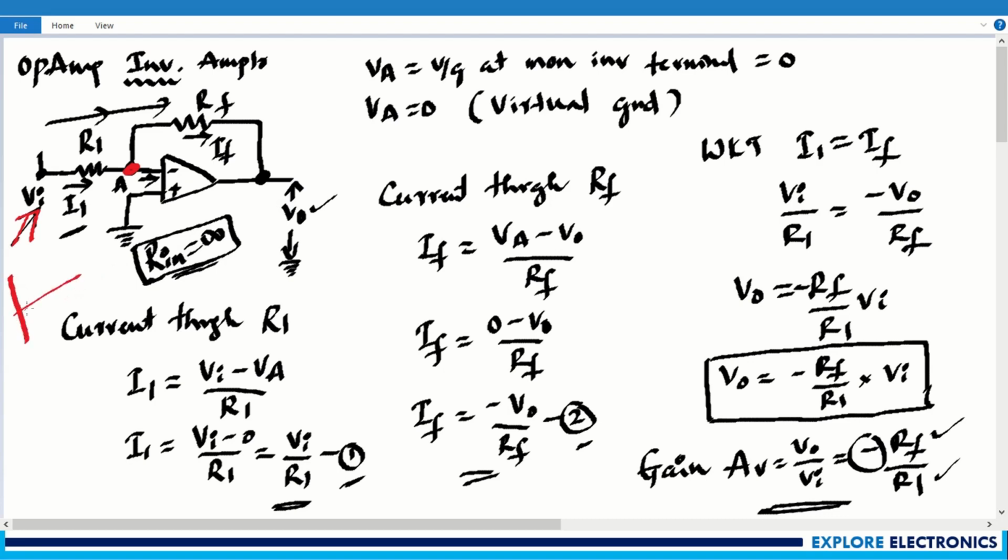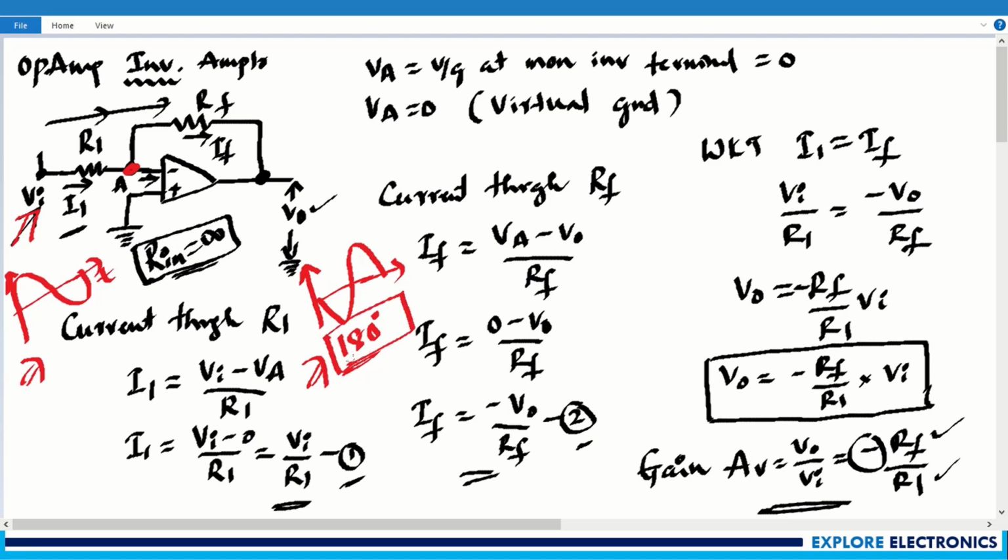Means if we are going to give this sinusoidal signal as an input at the input terminal, the output what we are going to get will be exactly reverse to that. Means it will be having 180-degree phase shift. So this is the input signal what we are going to give, and this is the output signal we can expect from the inverting amplifier, and easily we can say it will be having 180-degree phase shift.